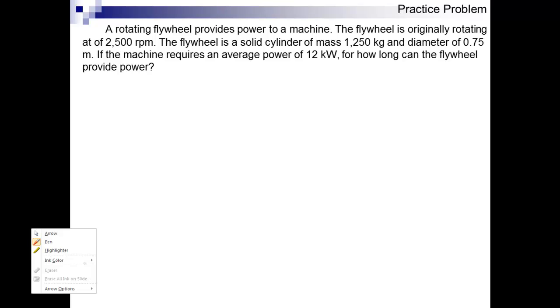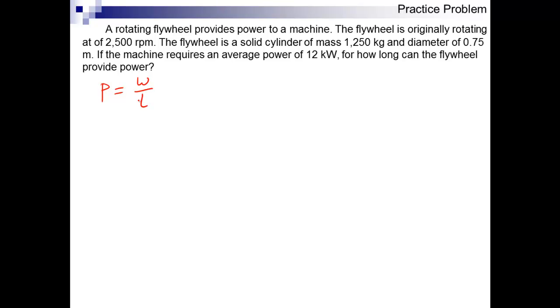So the equation that we will use is the power is equal to work divided by time. Where now we've got to look for the time, so that equation is work divided by the power. Since this is rotational, I'm going to use the rotational kinetic energy, and I'm going to divide that by the power.